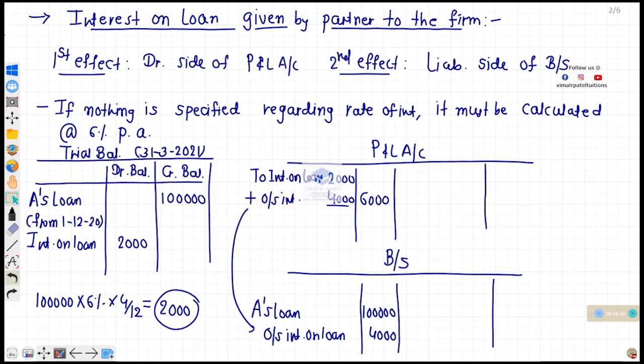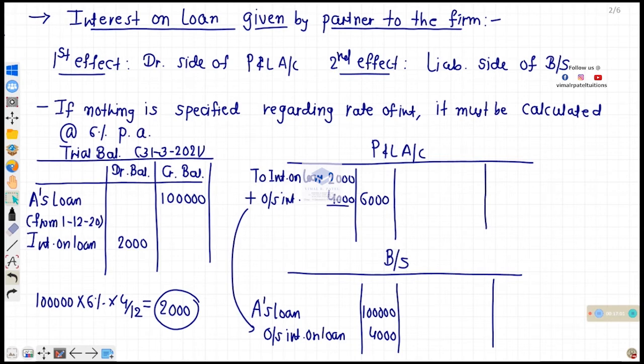Any asset brought in by partner to the business. If partner has introduced any asset, for example partner A has brought his personal computer worth rupees 1 lakh to the business, so its first effect will be on the asset side, computer, because it is asset, 1 lakh, and second effect will be on the credit side of either capital account or current account of partner, especially capital account because this is additional capital.